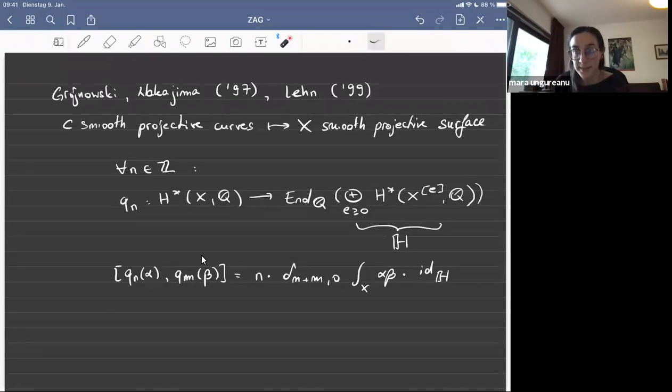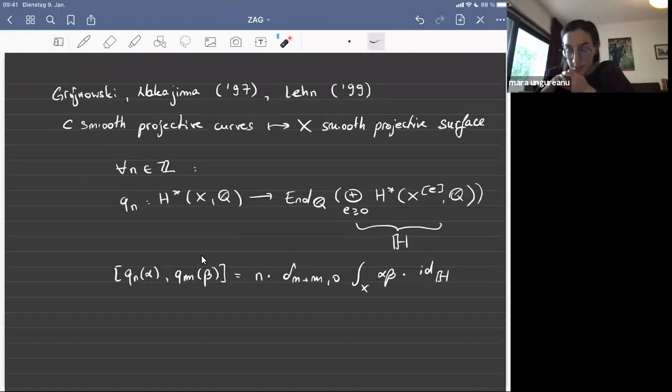So basically these things have a lot of structure. Another thing you can do is rewrite everything that I've said so far in terms of these operators Q. For example, all the Chern classes and everything can be rewritten in terms of these operators Q.